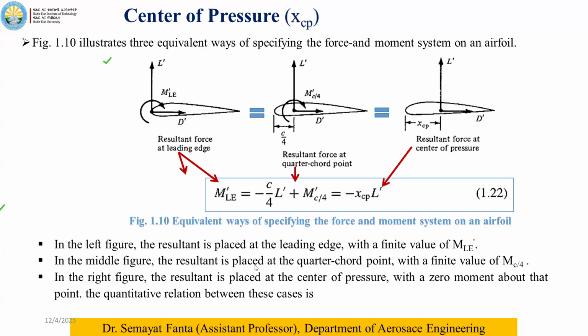And in the last figure, the third one, the resultant is placed at the center of pressure with zero moment about that point. When the resultant force is acting through the center of pressure, there is no moment, so the force alone can balance the aircraft. That is the meaning.